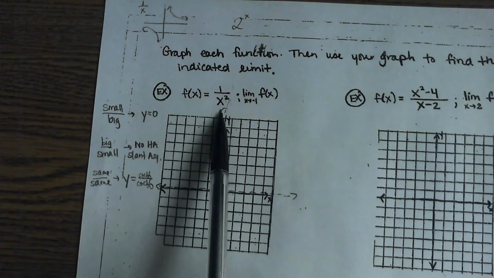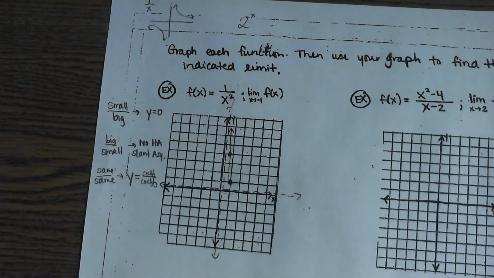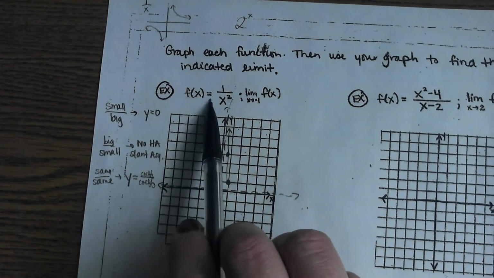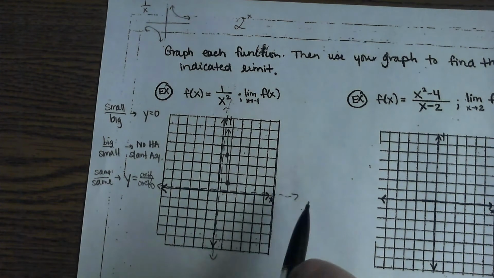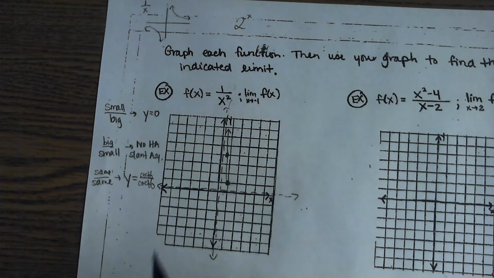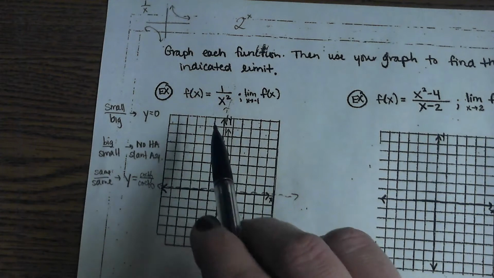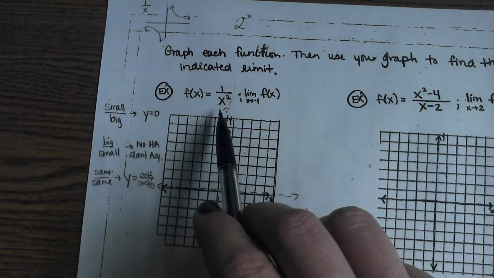But if I plug in an x of 10, Trista, what's the value of the function? What's f of 10 going to equal? 1/100, which is pretty small, right? And let's pretend I don't want to plug in 10, I want to plug in 100. What is f of 100? 100 squared is 10,000, so it's 1/10,000th.